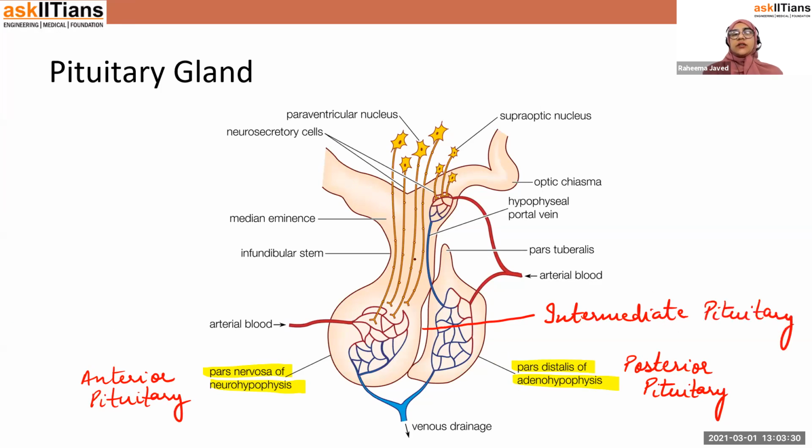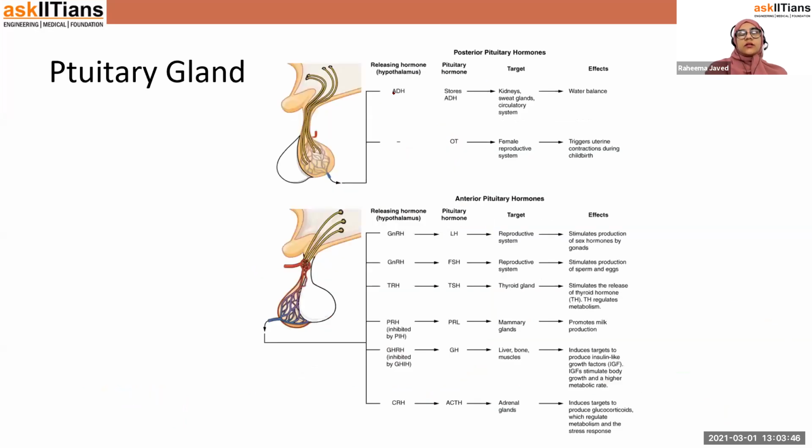Okay. The pituitary gland is attached to the hypothalamus with a stalk which is known as infundibulum. This is the infundibular stem. And this region is hypothalamus. So I have shown the same table, the hormones which are secreted from the pituitary because it is associated with hypothalamus secretion only.